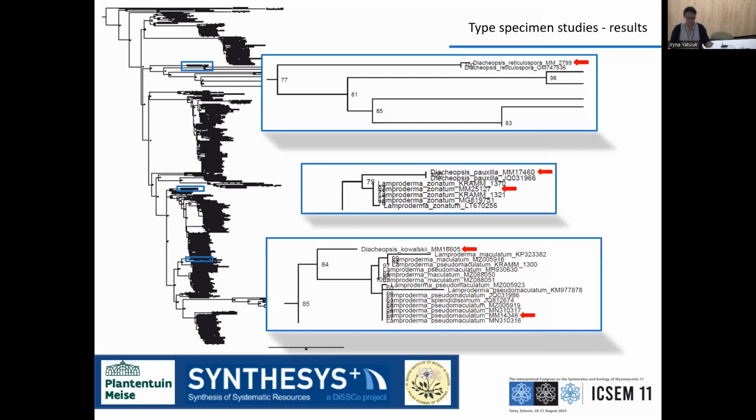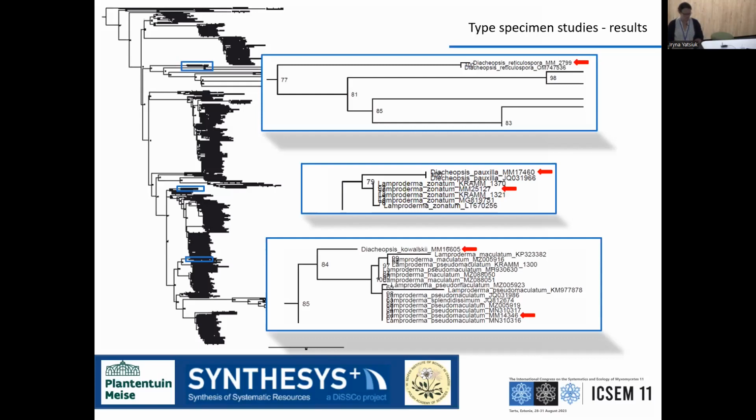So you can see that Diacheopsis is dispersed, and we have the same results. So we also confirm, based on type specimens, that Diacheopsis belongs to Lamproderma, of course, in the present meaning of this genus. And here I would like to emphasize that we, again, must be very careful, because Diacheopsis is, as you know, Lamproderma without columella and stalk.